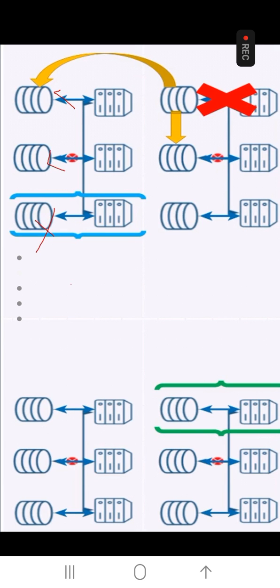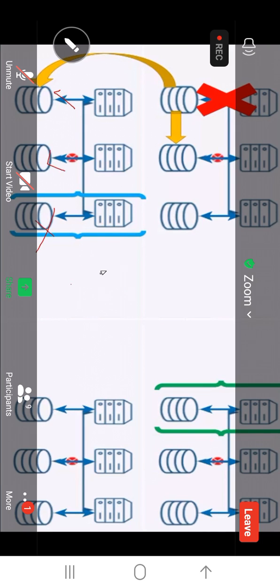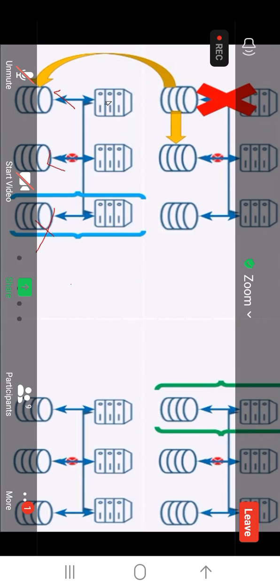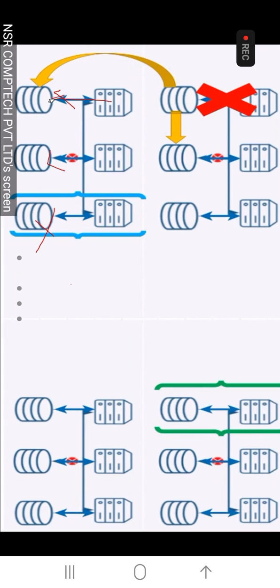So that is the problem, because this is the shared nothing architecture. It is divided, and each and every node is assigned to one database, right? So at a time, it will not allow us to upgrade the software, version upgrade or patch upgradation.